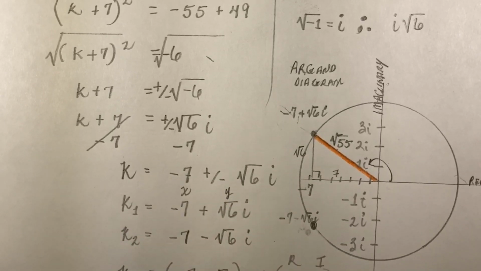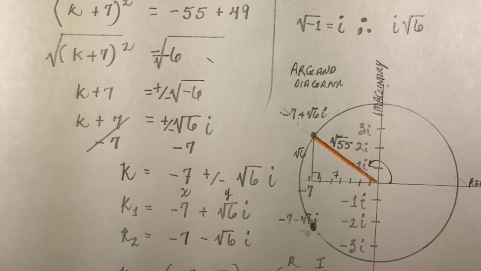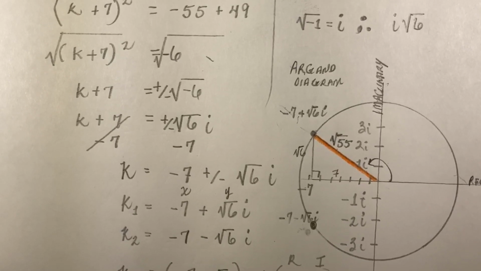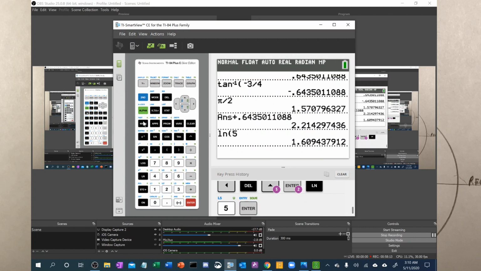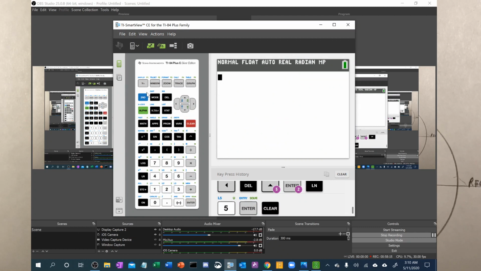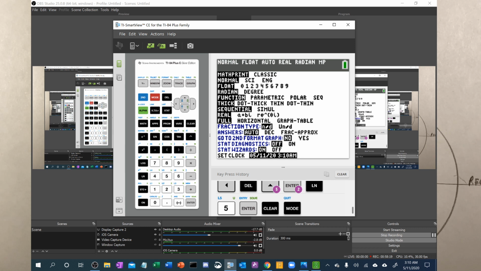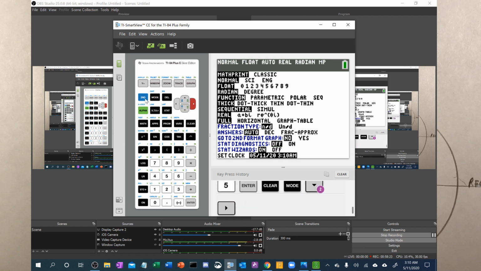So if you wanted to find it, I'll show you what you would do. Let me show my display and then give the calculator right here. What you would do is make sure that we are in degree mode, if you wanted to know how many degrees that was.